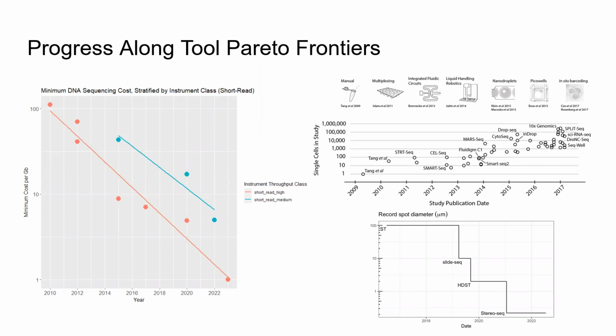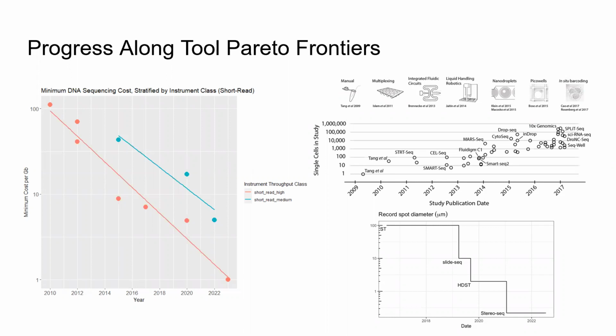Here I've given a few examples. On the left, you have DNA sequencing costs declining from around $100 per gigabase in 2010 or so to around $1 in 2022. The figure's slightly incorrect.